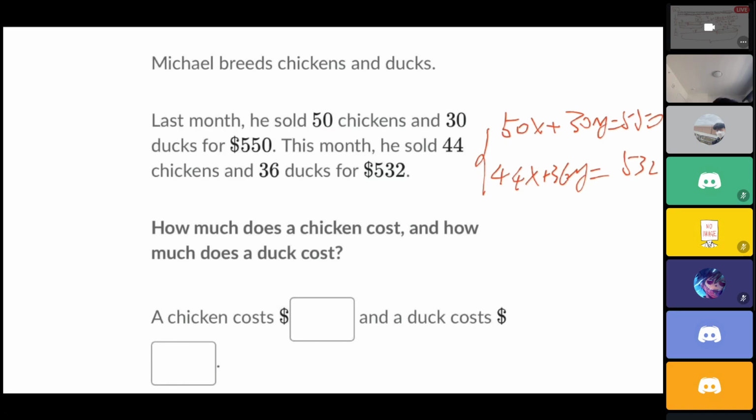So now for the first equation, I times 3. So it's 15x plus 9y equals 165.